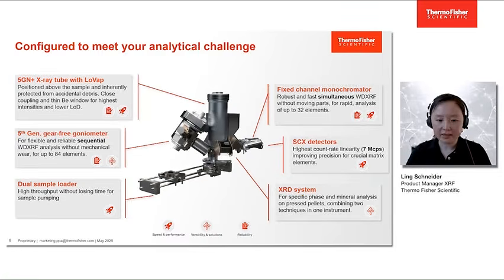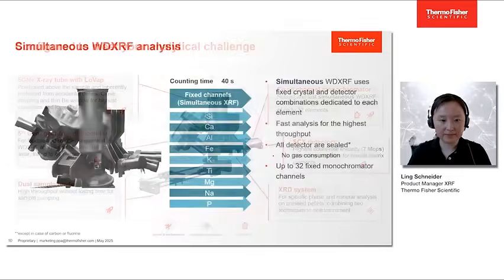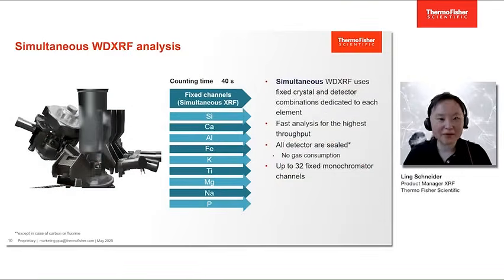Each ARL X900 spectrometer is tailored to align with the analysis needs arising from your processes, delivering high sensitivity, accuracy, efficiency, and reliability. Here is one example configuration for the simultaneous WDXRF analysis, covering typical elements needed in the mining application.